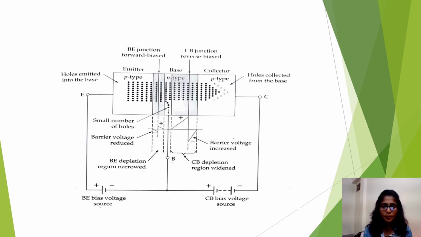So this is a PNP transistor operation diagram. The BE junction is forward biased and the CB junction is reverse biased. Holes are emitted into the base and collected from the base in p-type.